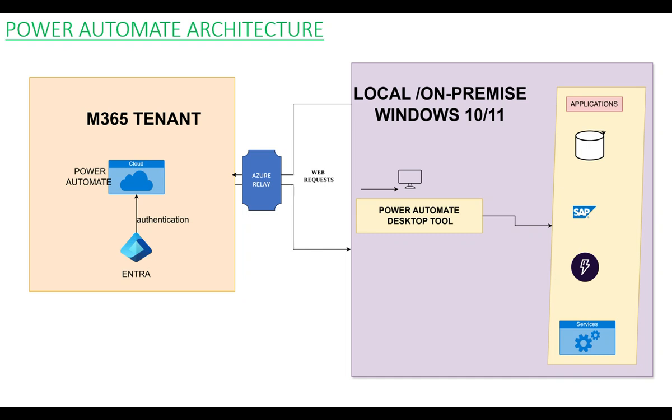So this is the architecture, which I have created in the draw.io tool. Here we can see that Power Automate cloud is hosted in the Microsoft 365 tenant, and it's authenticated by Microsoft Entra ID, which was earlier called Azure AD. It communicates to the Power Automate desktop tool via Azure Relay, and the desktop tool also communicates back to the cloud using the same mechanism. So there is an incoming web request from cloud to desktop, and then outgoing from desktop to cloud.